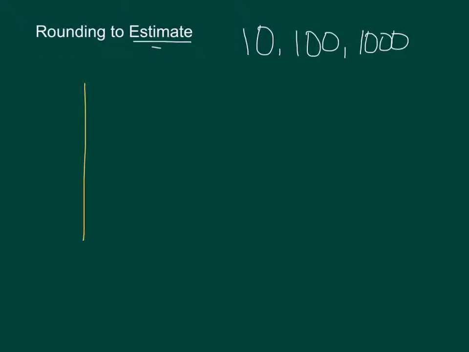What if we had the number 63? What two multiples of 10 does 63 fall between? It falls between 60 and 70. So somewhere in between 60 and 70, we'll find the number 63. Meanwhile, what is right smack in the middle of 60 and 70? 65.